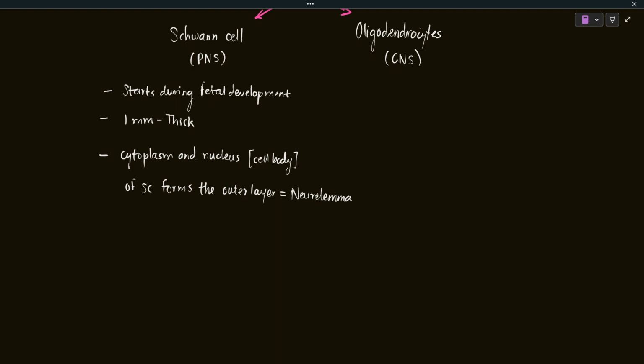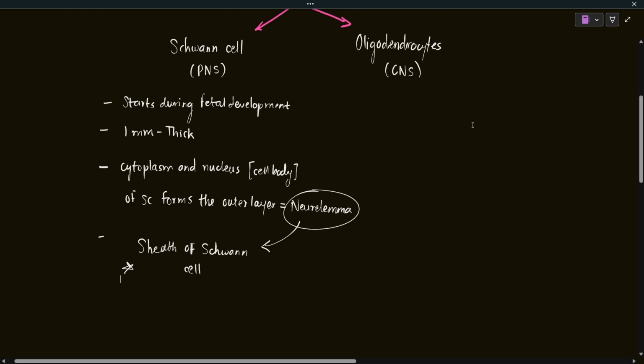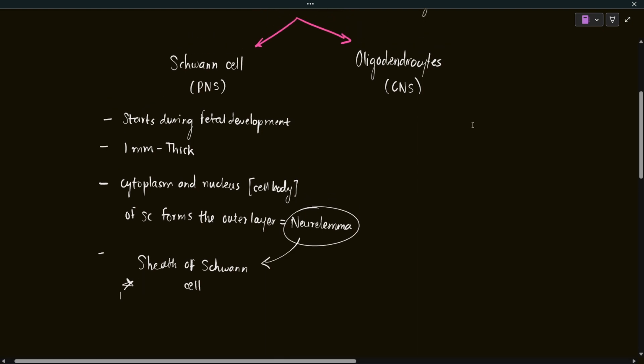Neurolemma is basically the plasma membrane of the Schwann cell. That is why neurolemma is also known as the sheath of Schwann cell. As it is the sheath of Schwann cell, the Schwann cell is making the outer covering of the neurons. It is only present in the PNS.